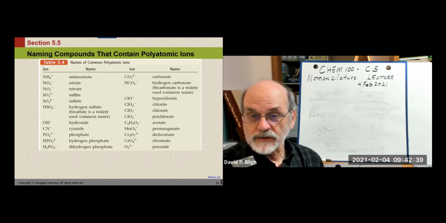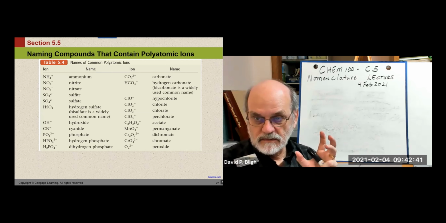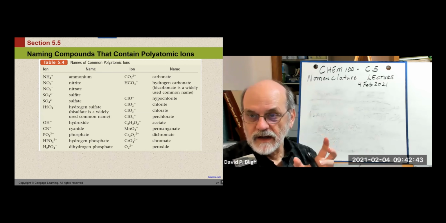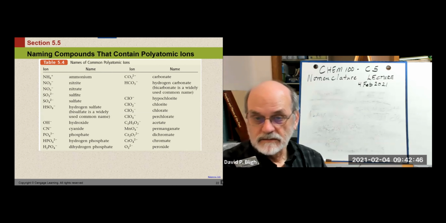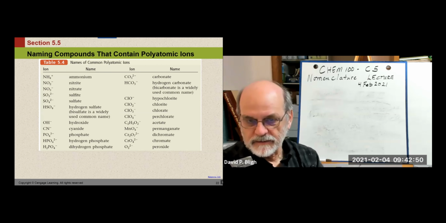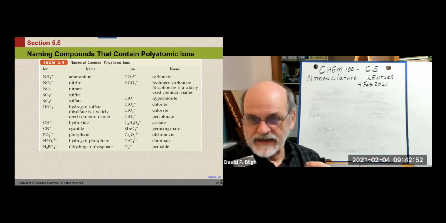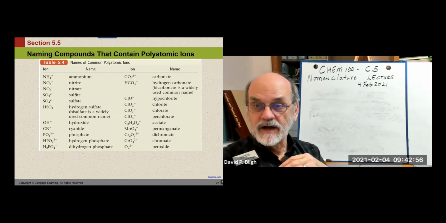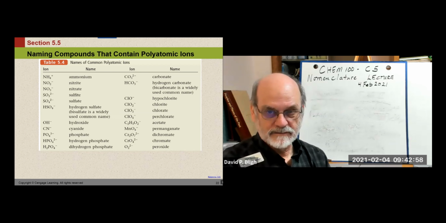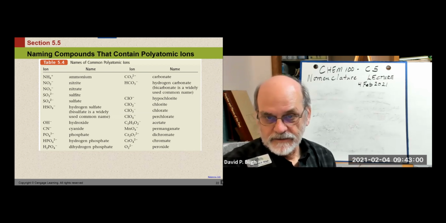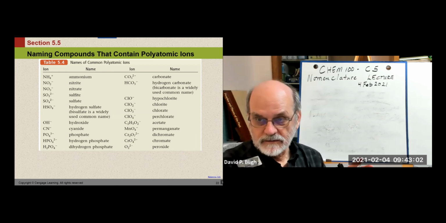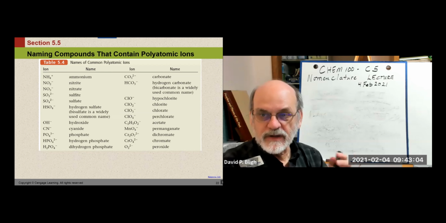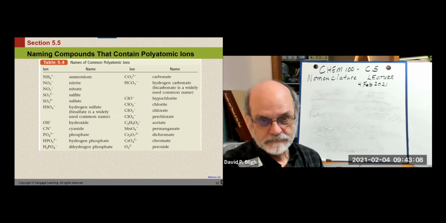But I've also included a chart in the review document, and it will be available on exams so that you can look them up. But that's not the whole story. You have to recognize that you've got a polyatomic before you can go looking for it. All right? So you've got to use the table at least in order to get familiar with it and to recognize a polyatomic when you see one.